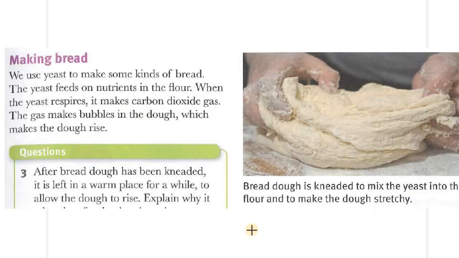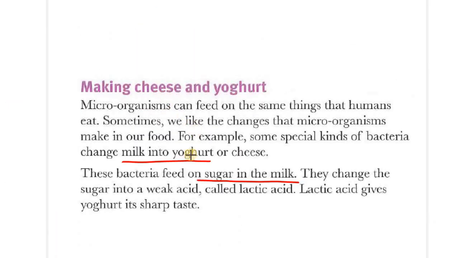Now you might be wondering, where does this carbon dioxide come from during this fermentation process? In simple words, the yeast, when you add it to the bread dough, feeds on the nutrients in the flour. Just similar to the previous case, where the bacteria were feeding on the sugar in the milk.